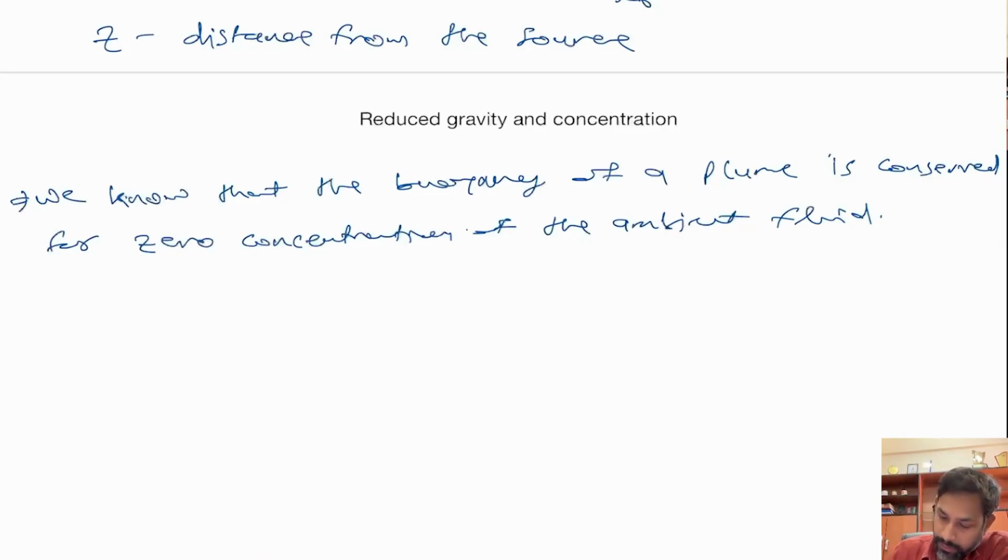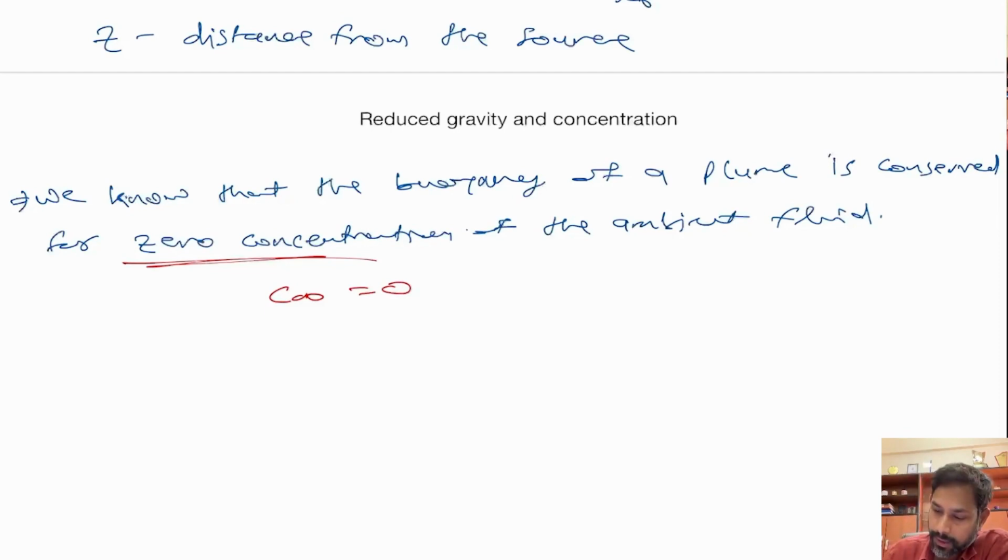If the ambient concentration is zero, if C infinity is equal to zero, that means there is no additional solute molecules coming into the plume. It is just the fresh water that is coming into the plume, and that is why the buoyancy of the plume remains constant.